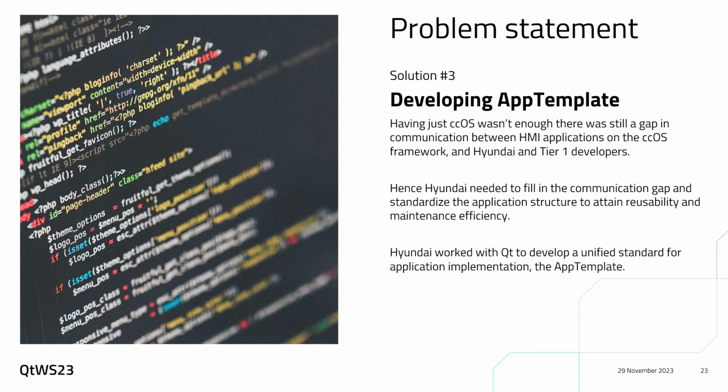The reusability and maintenance were dramatically improved because, once again, it is all reusable, it's all componentized, it's all packagized, and then it can be taken further. Actually, Hyundai worked with us to create a unified standard for this application implementation and ultimately the app template.